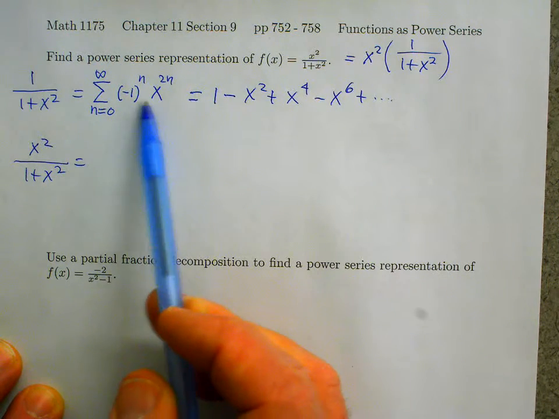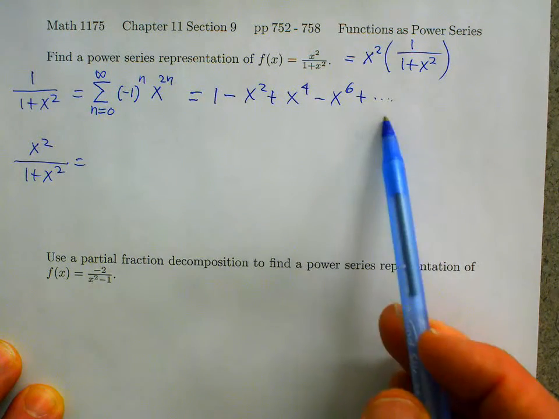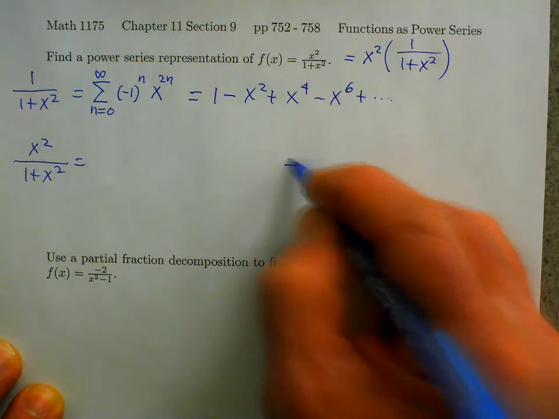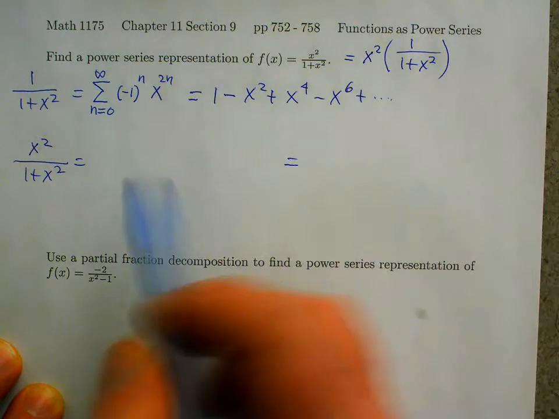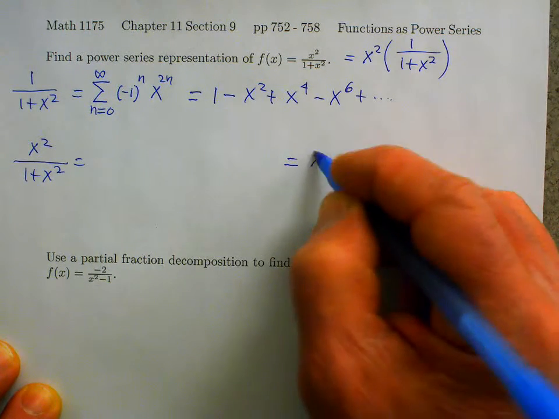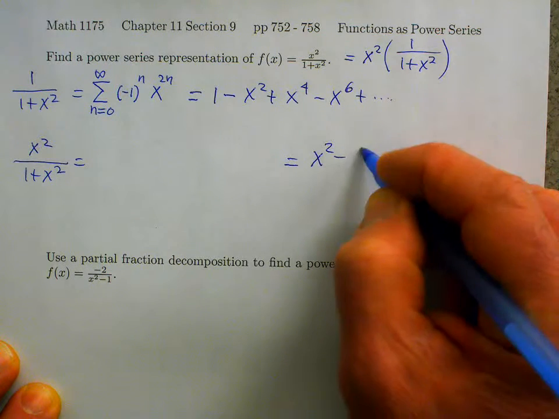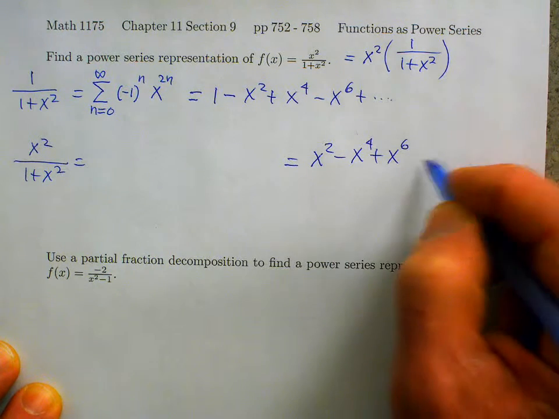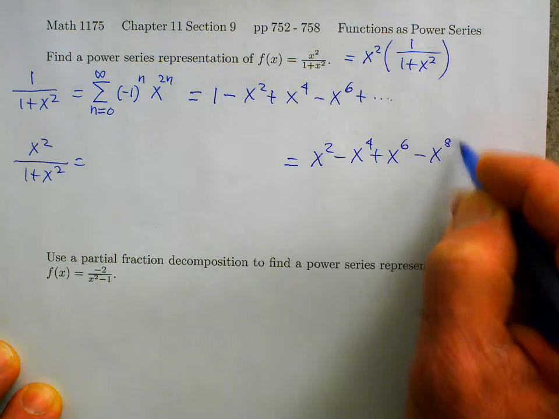Just multiply each of the terms by x squared. So I'll write what the expansion will be. If we multiply each of those terms by x squared, we get x squared minus x to the fourth plus x to the sixth minus x to the eighth, and so on.